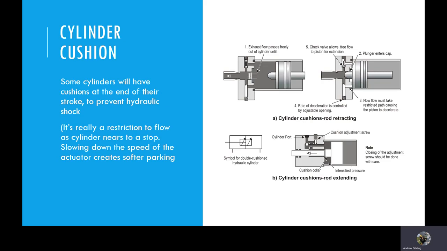As mentioned on the previous slide, a lot of times you'll have cylinder cushions, and those cushions will be at the end of the hydraulic stroke, and they're to prevent any kind of a shock that happens as a result of the force coming up against a sudden stop. A rubber bumper or some kind of a check valve mechanism will prevent the cylinder piston from pushing up against a blanked head that it can't move.